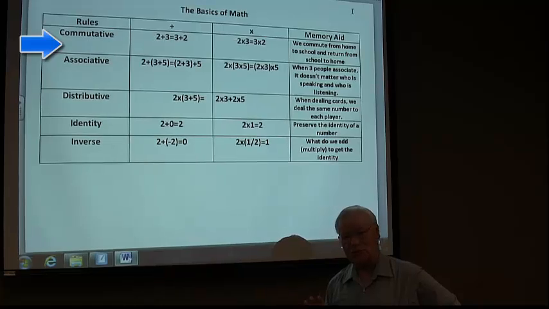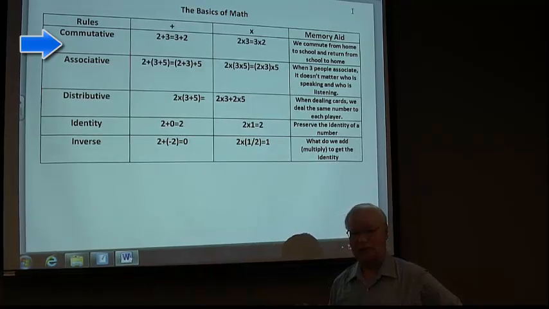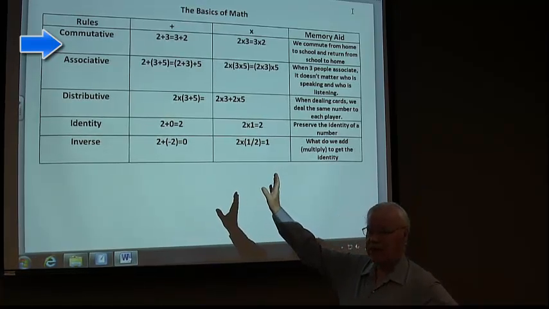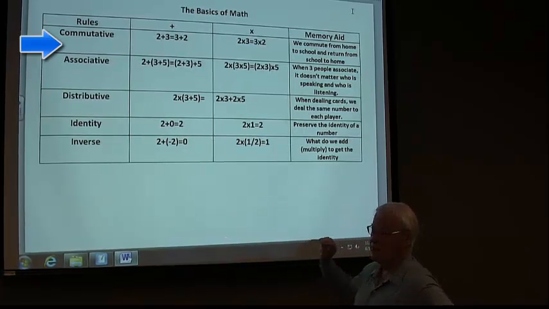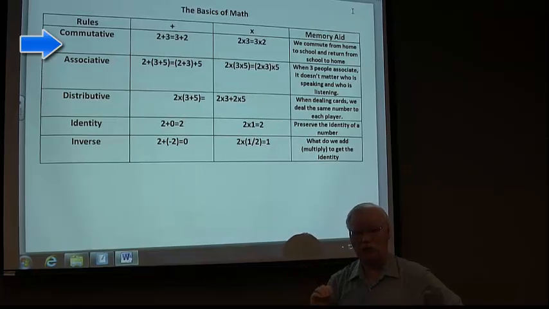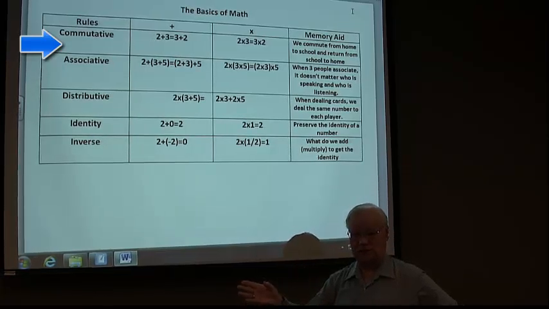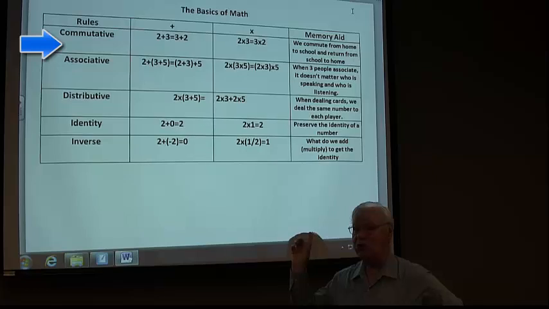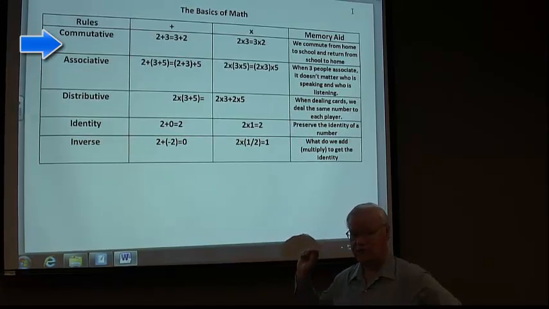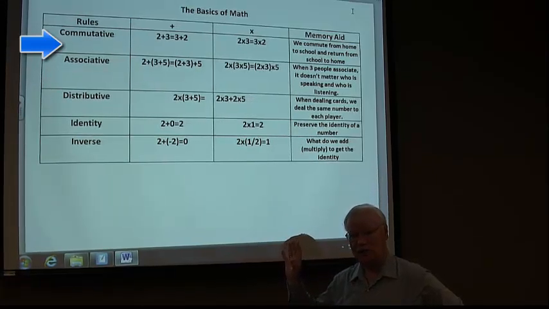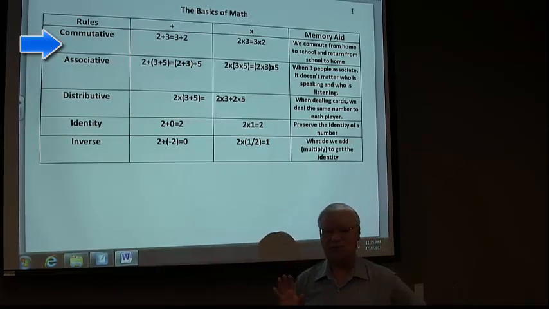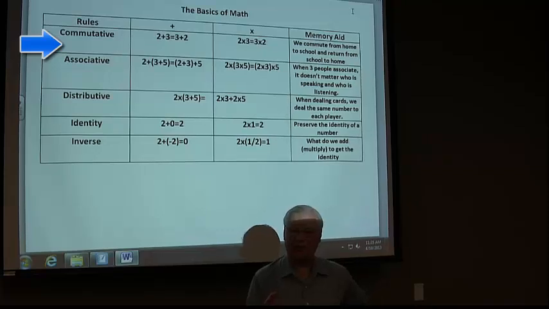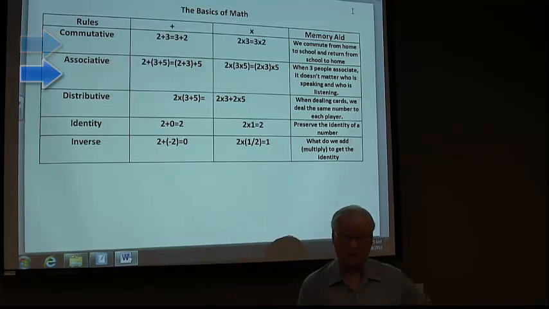Notice that those are 2 completely different scenarios, but the amount I end up with is the same. Multiplication is the same way. If I have 2 groups of 3 things, that's the same as having 3 groups of 2 things. We end up with 6 either way. Now you may say, well, that's really obvious. Well, I hope so, because you've been doing this for years. However, those are basic rules.